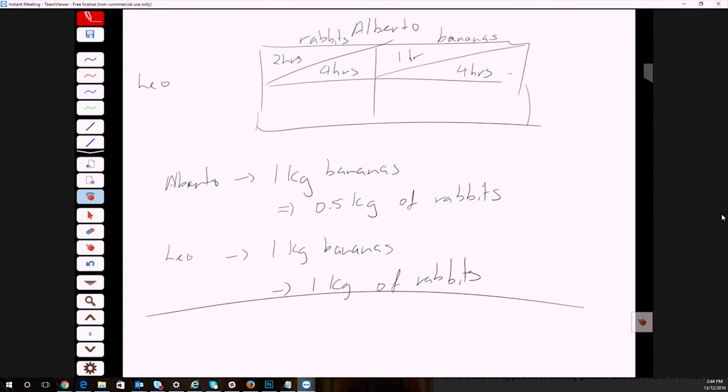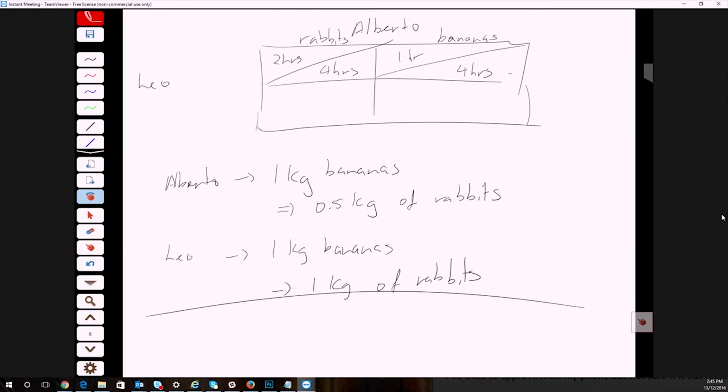Obviously, if we're looking from the rabbit's perspective, it's simply the reciprocal. Because if Alberto had used an hour to try to collect a kilo of rabbits, he would have had to use 2 hours. What that suggests is that the sacrifice, the opportunity cost, is 2 kilos of bananas. And you can do the same for Leo.